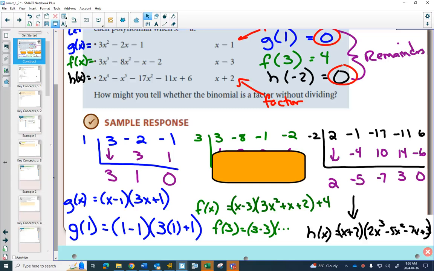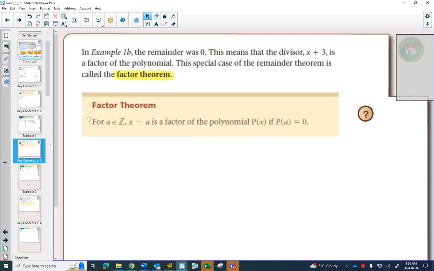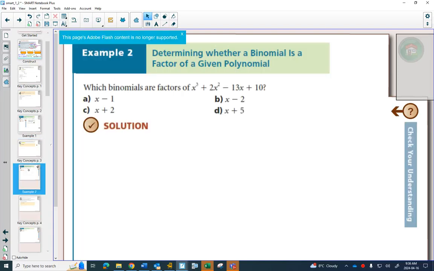And this is going to be our goal, to try to figure out how to factor things when they get bigger. So if we can find a number that when you divide makes your remainder 0, you will know it's a factor. And our goal is going to be to factor things completely.